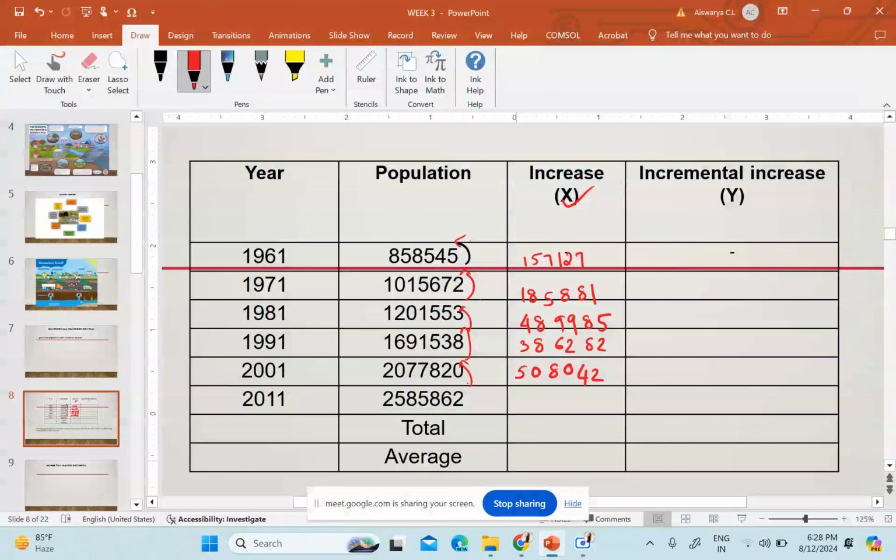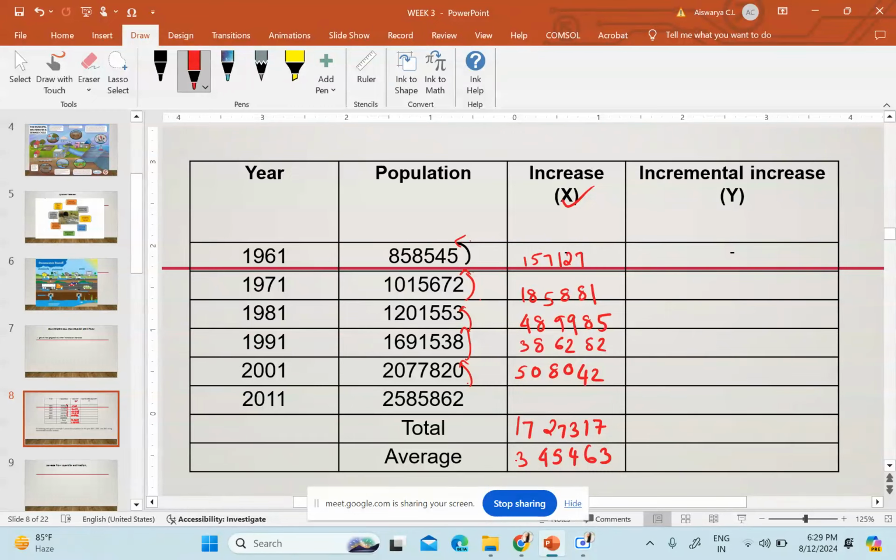Next, you have to calculate the total value, which is 1727317. Then take the average: sum divided by 5. The average value you will get is 345463.